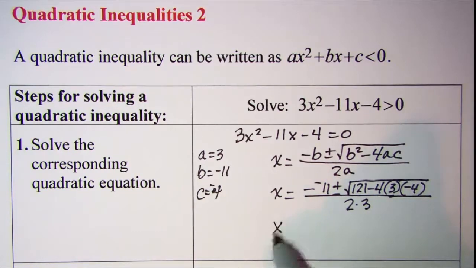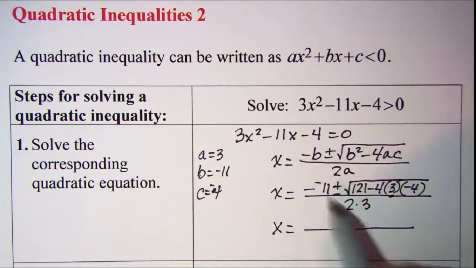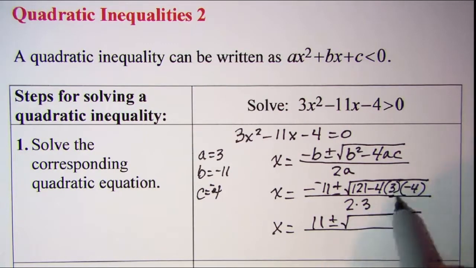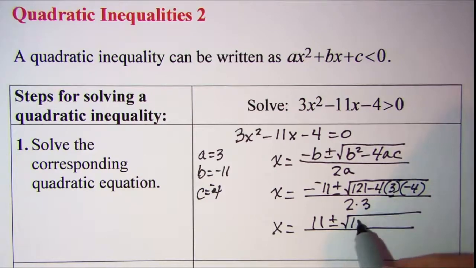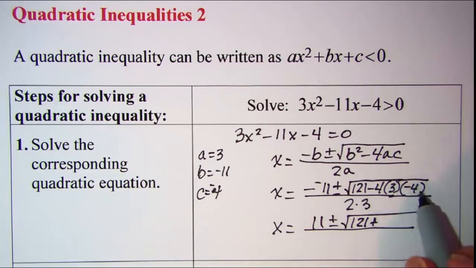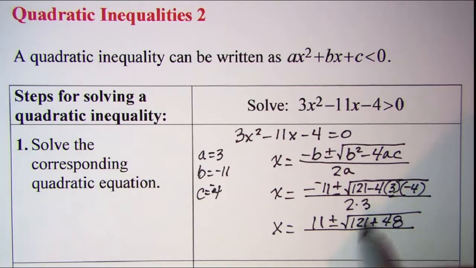This is negative is positive, so 11 plus or minus, we need to do this multiplication back here first, so 121 plus, and then 12 times 4, 48, all over 6.